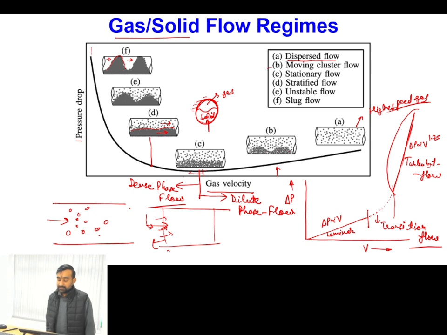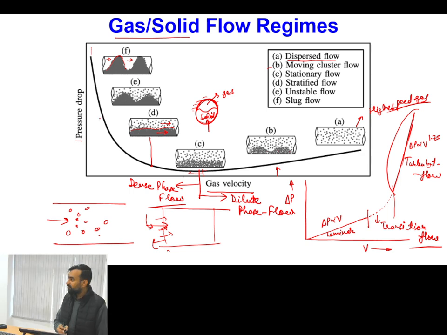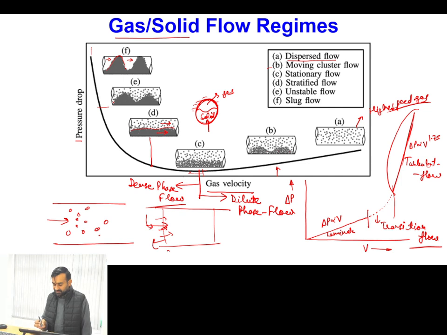As I already told you, if we operate in dilute phase flow, it still has less pressure drop in comparison to dense phase flow. But majorly in industry, we want to operate our system in dense phase flow. What is the reason? If we operate in dilute phase flow, the velocity of gas and particles will be very high.